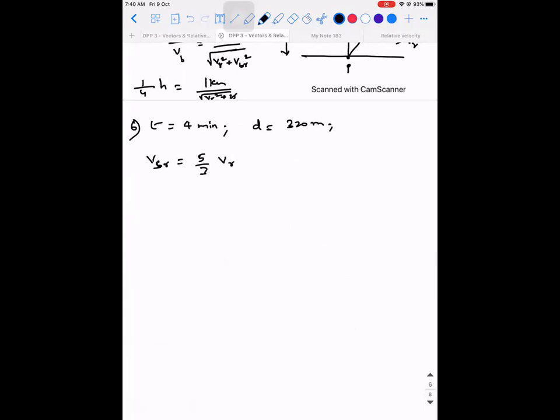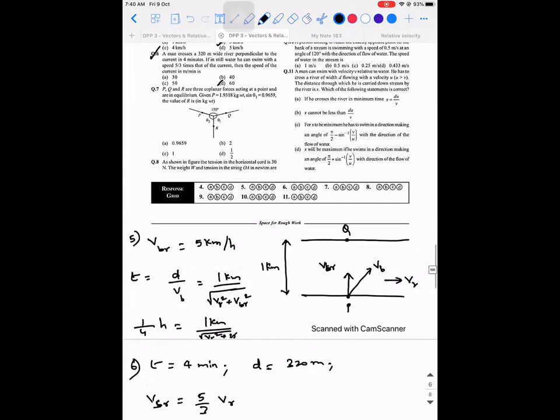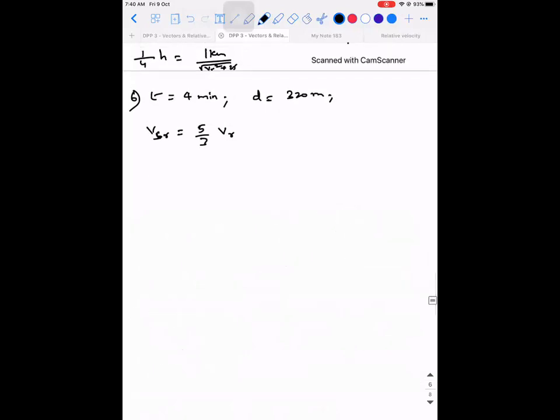Correct? Then the speed of the current VR is what they are asking. So how did you do? Rahul, how did you do?